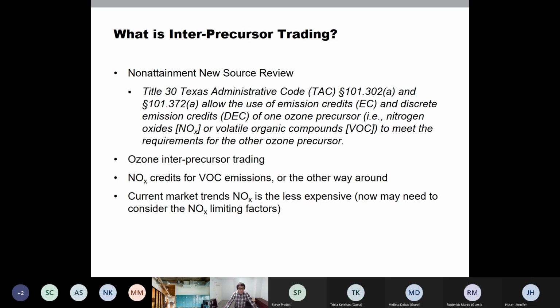So by using NOx credits for VOC, through a modeling demonstration, you can probably save some credits, and in that sense save some cost. And it's actually a lot of money.